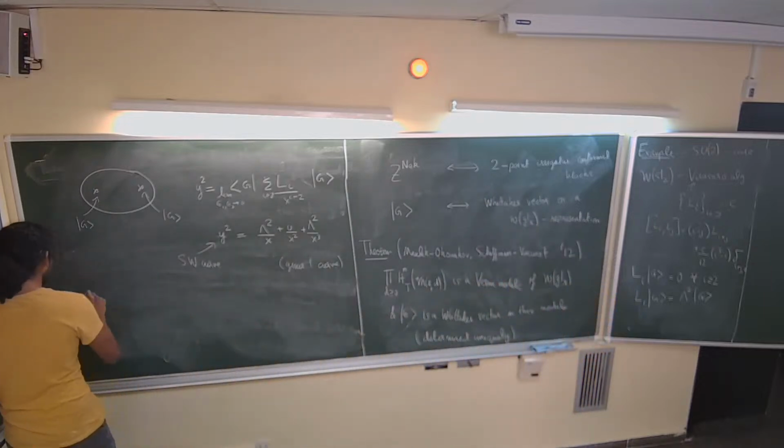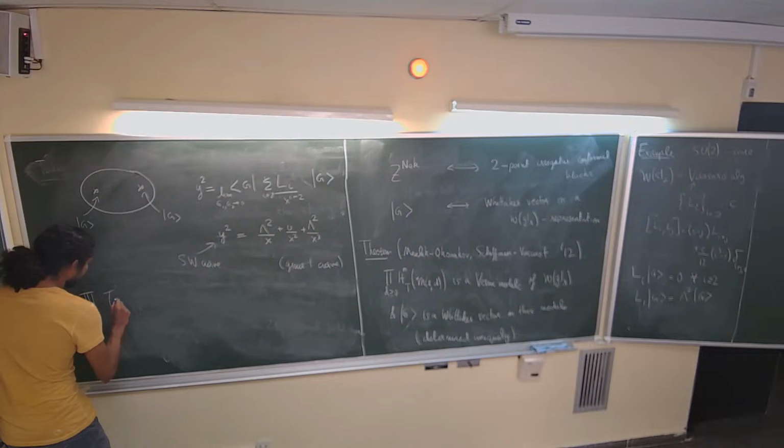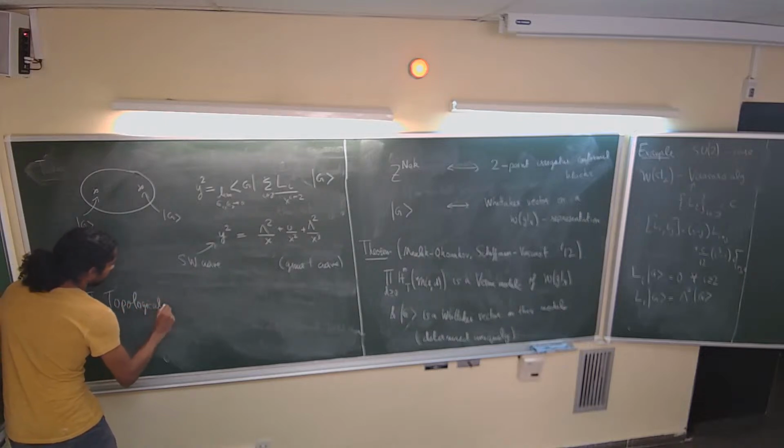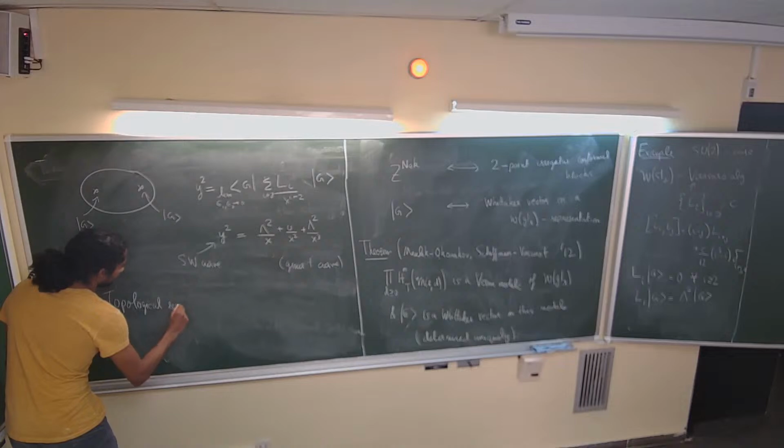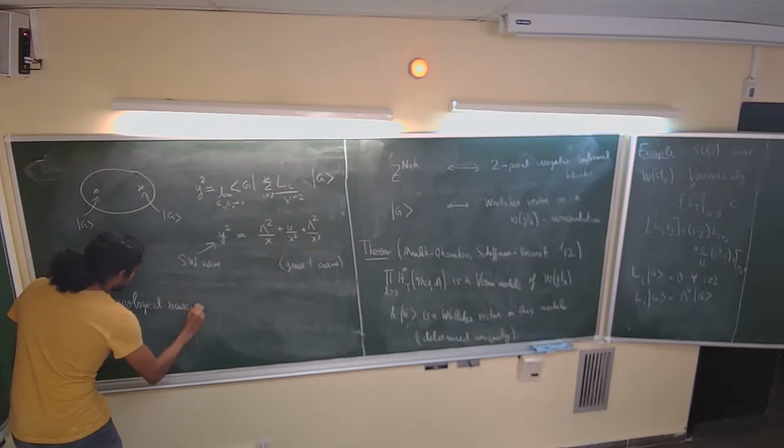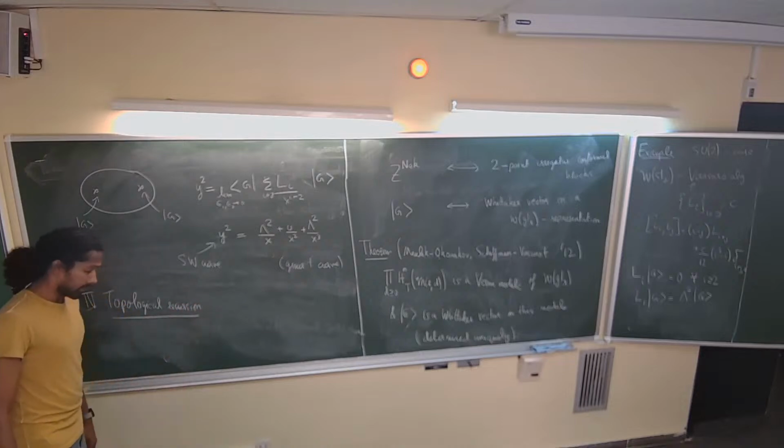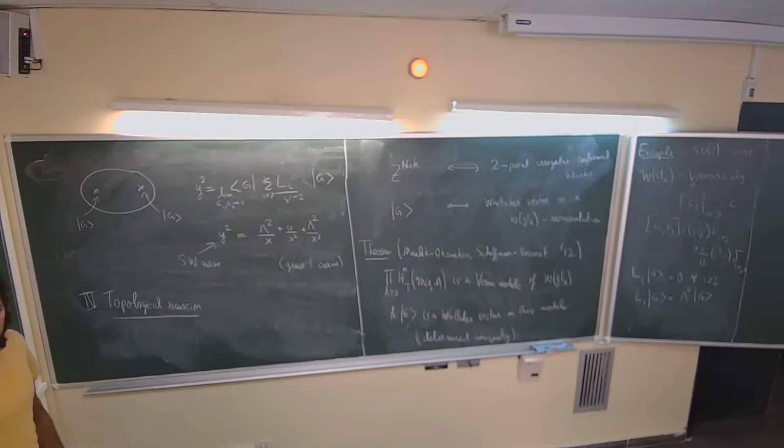So, yeah, topological recursion. Some historical context for this is that it was introduced by Eynard and Orantin when they were studying the large N expansion of matrix models.